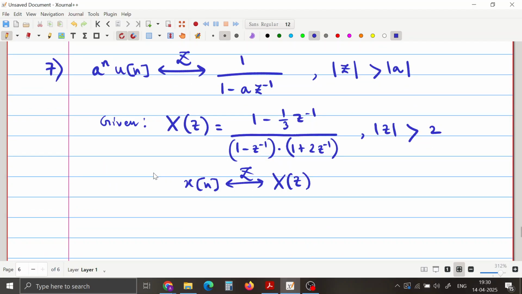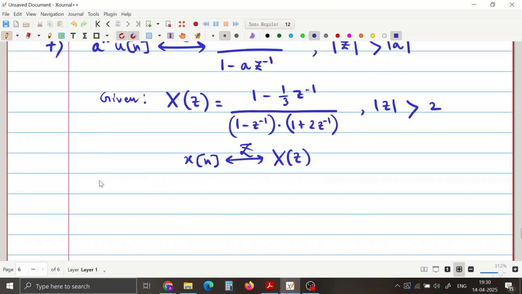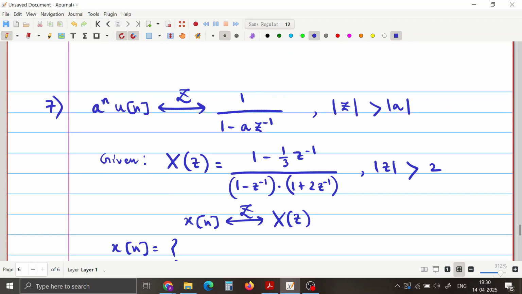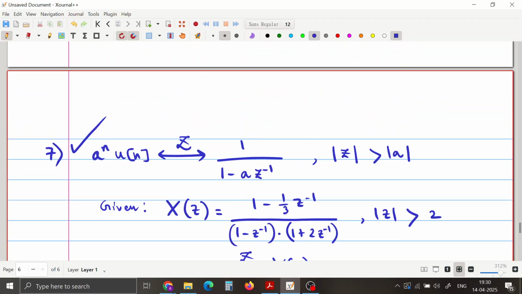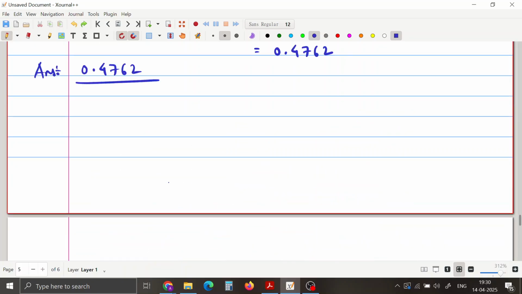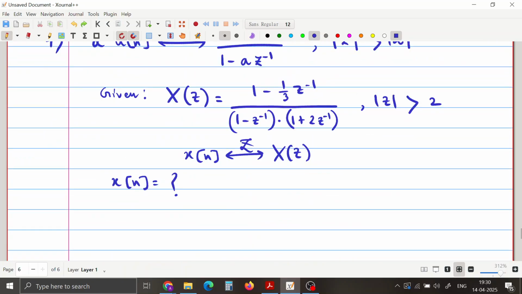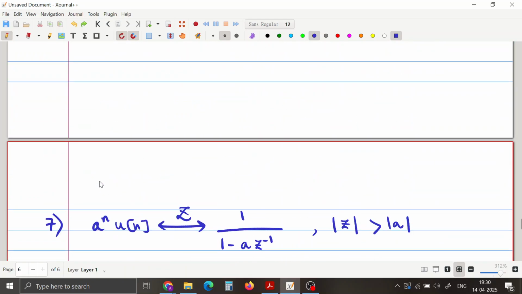So these two are the z transform pairs, and in our question we need to find small x of n, the time domain signal. For this we first have to use the known result which I stated in the beginning, and also use the partial fraction expansion.